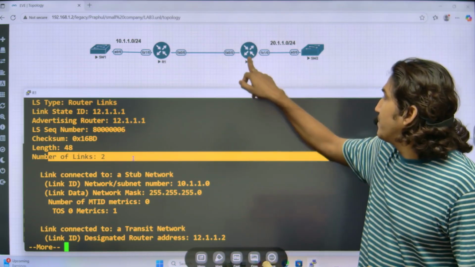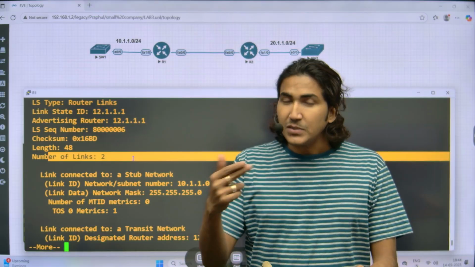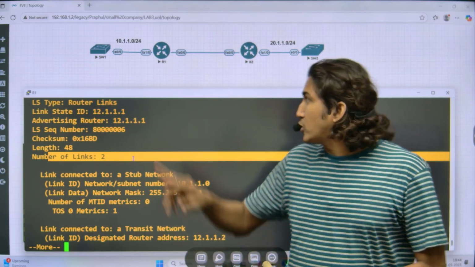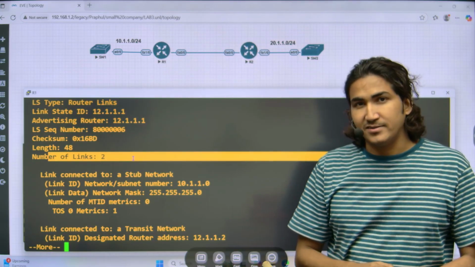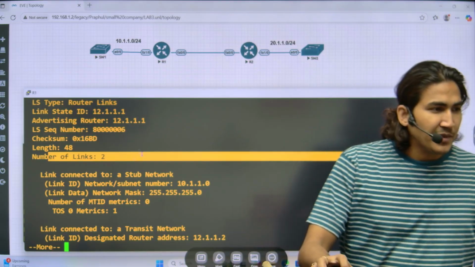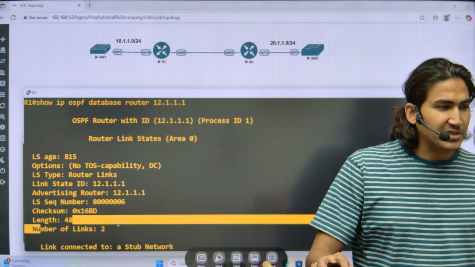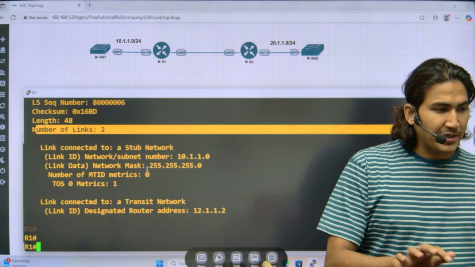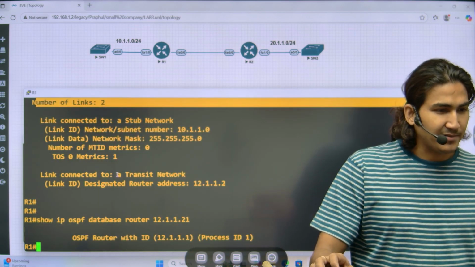Why 3 links? Because router 2 is considering its neighbor as a link, but router 1 is not considering its neighbor as a link. See here, in the router LSA of 12.1.1.1 the number of links is 2, and if I open the database of 12.2, you can see the number of links is 3 here.